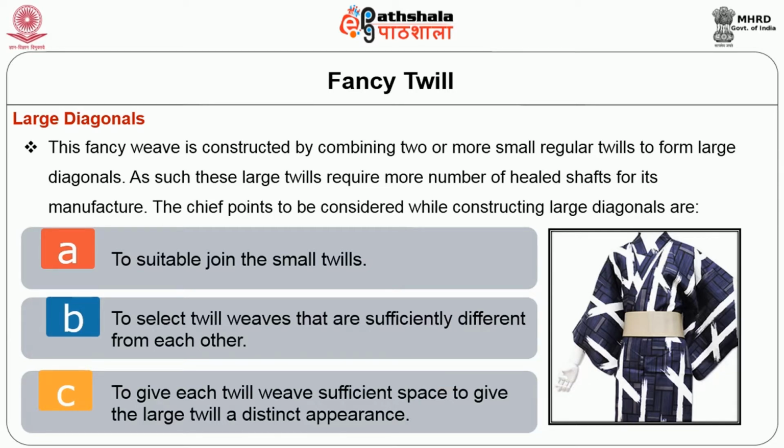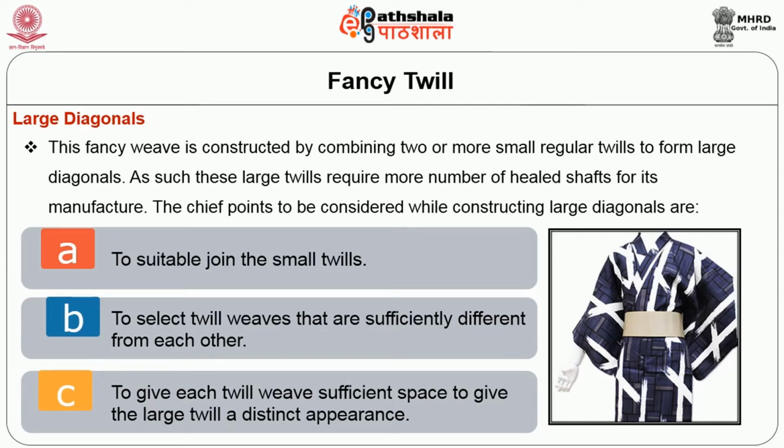Fancy twill. Under the fancy twill, the first category of twill which will be discussed is the large diagonals. This fancy weave is constructed by combining two or more regular twill weaves to form a large diagonal. As such, these large twills require more number of heald shafts for its manufacture.